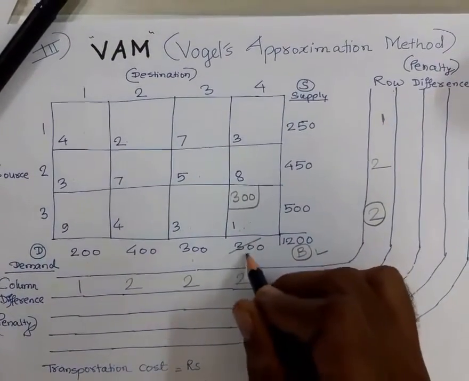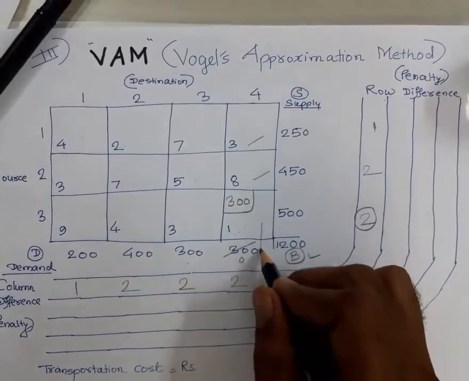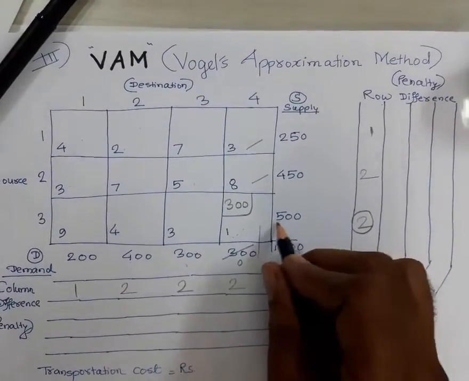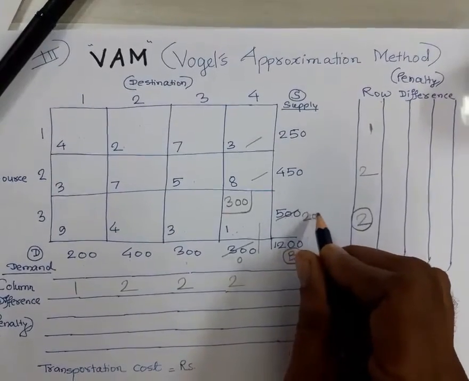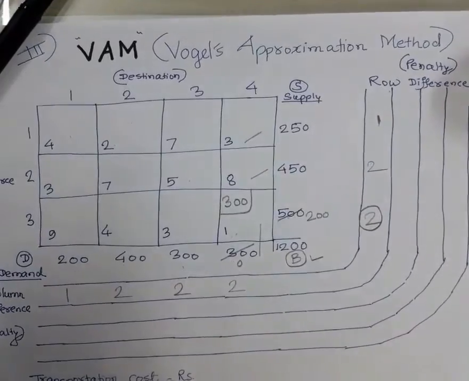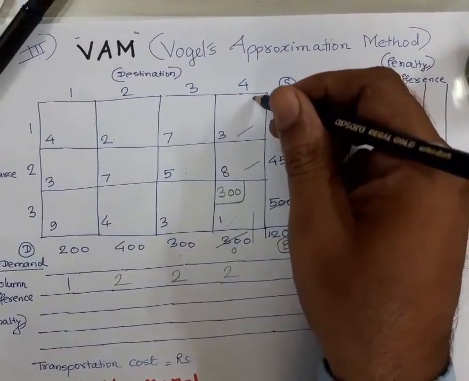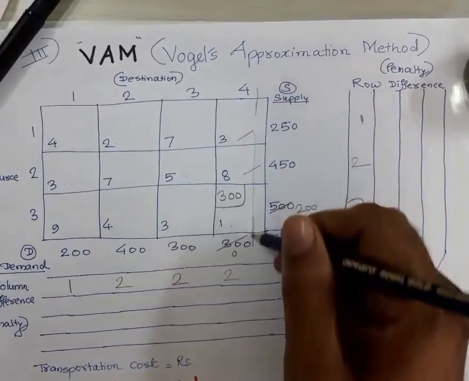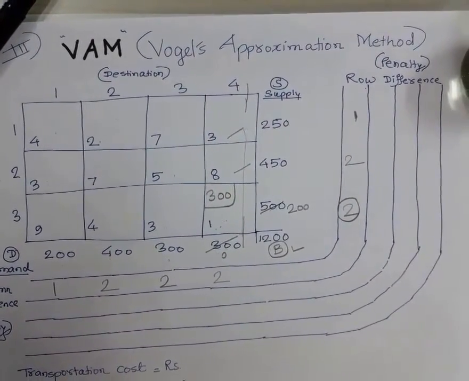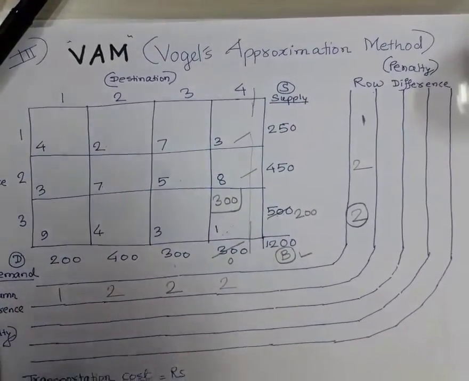This will become 0. This will be 0. 500 minus 300, this will be 200. Okay. Now one allocation has been done. The fourth column is deleted. Now again find the row penalty and column penalty for the remaining cells.